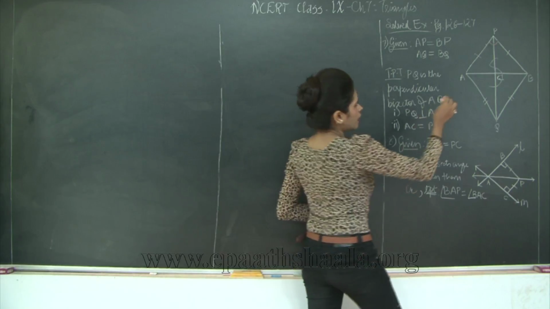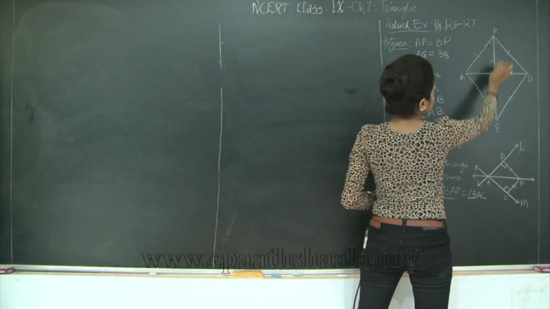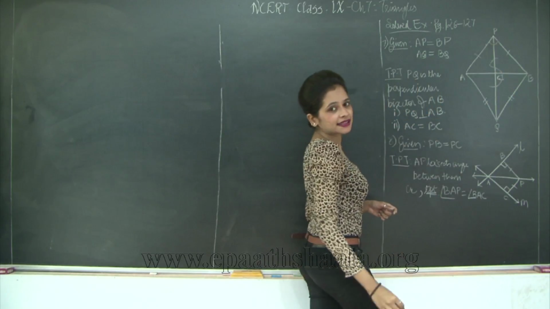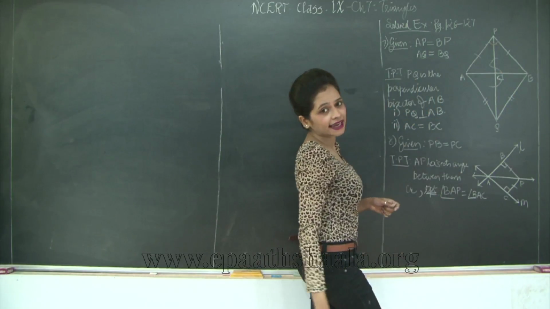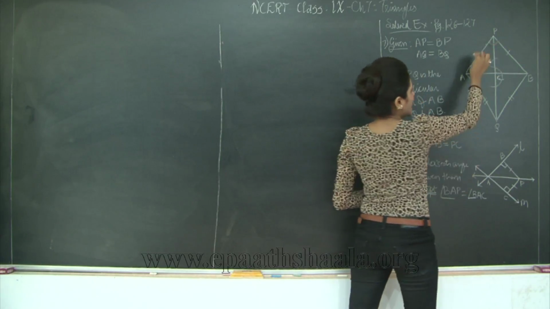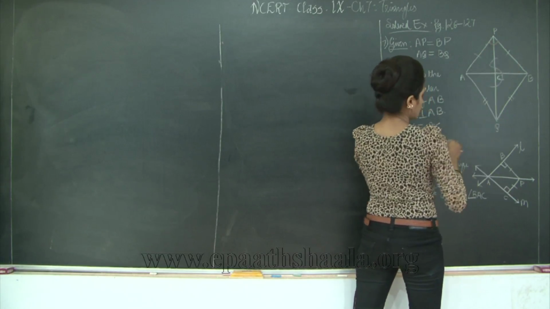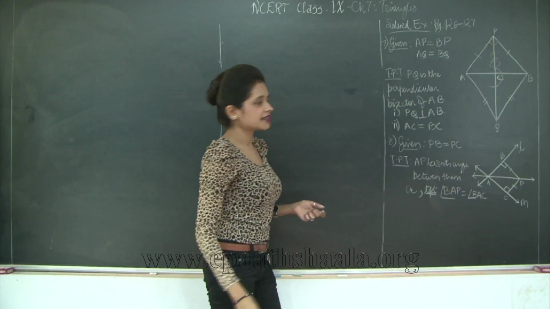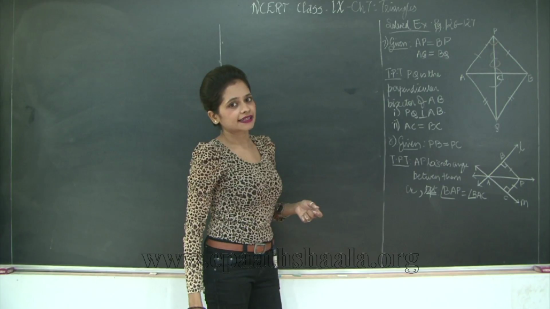And also, now I can say that these two triangles, PAC and PBC, are congruent by the side angle side test of congruence, because we just proved that these angles are congruent. I have this side and this side, also this side as common. Therefore, the two triangles are congruent by the SAS test of congruence.